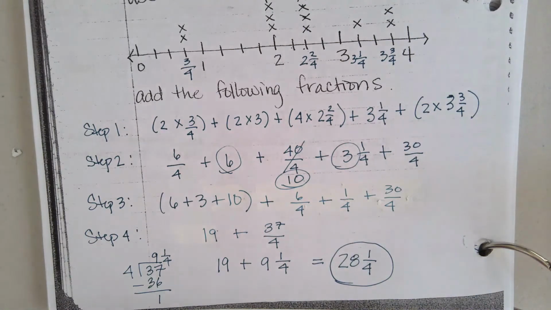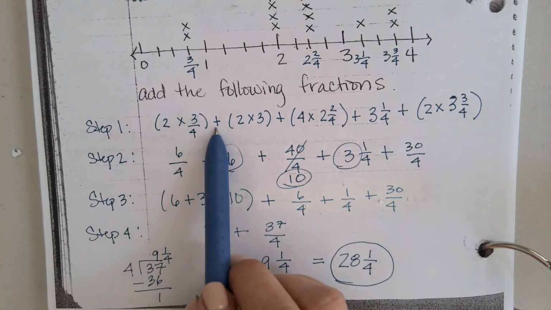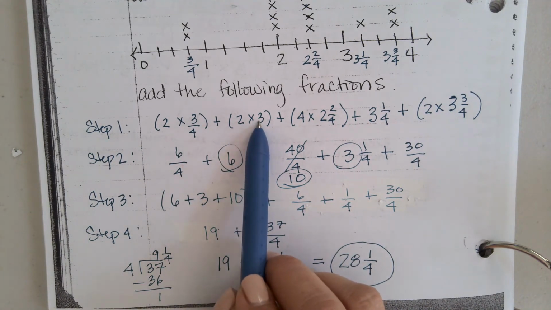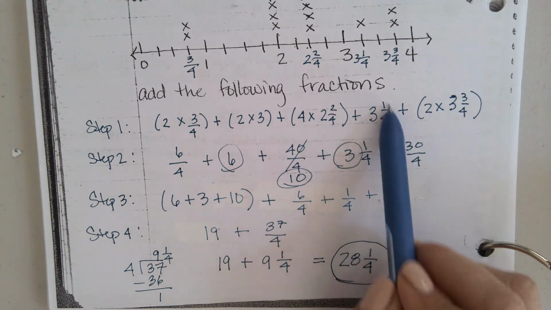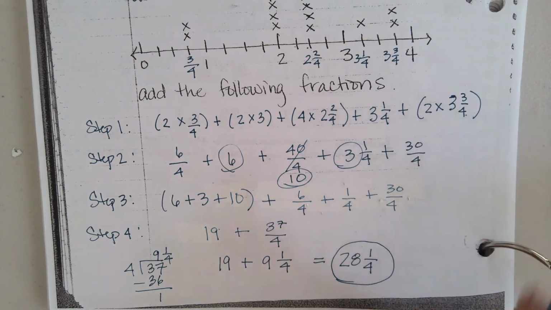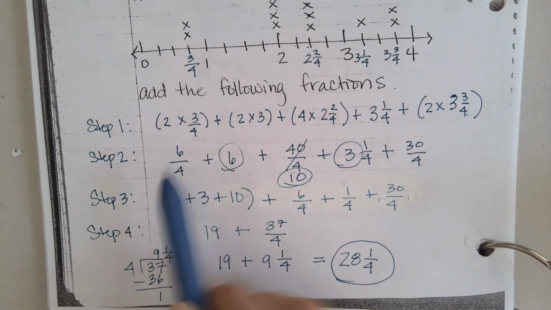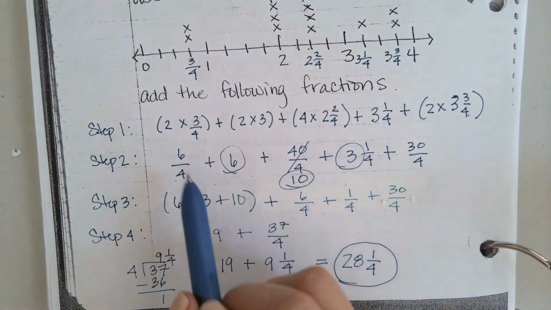All right, so I broke it down to 4 steps. I said 2 times 3/4 plus 2 times 3 plus 4 times 2 2/4 plus 3 1/4 plus 2 times 3 3/4. So step 2, I just pulled all the information down and lined it up.